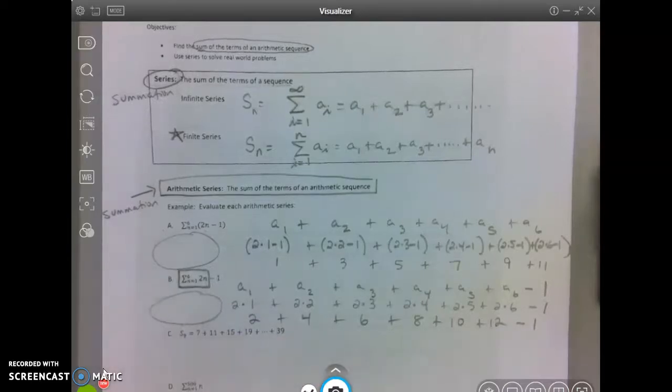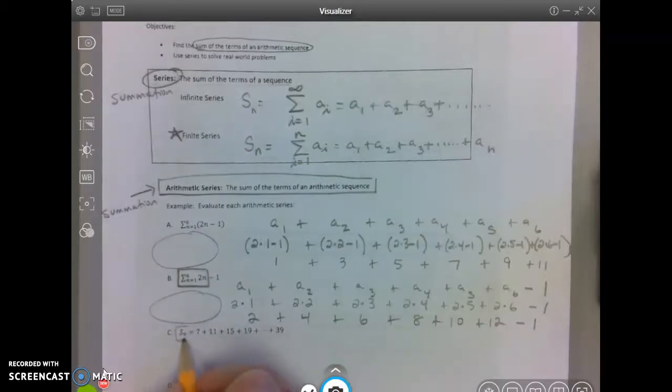And I'll get my final answer. And you will see that these two are different. They should be 5 apart. This one should be 5 smaller than this one. If not, then you typed it in your calculator incorrectly.